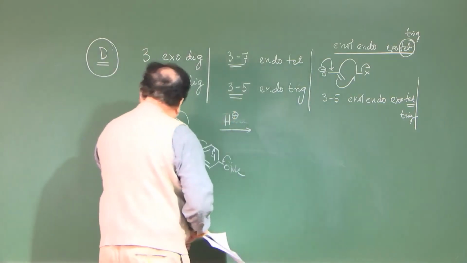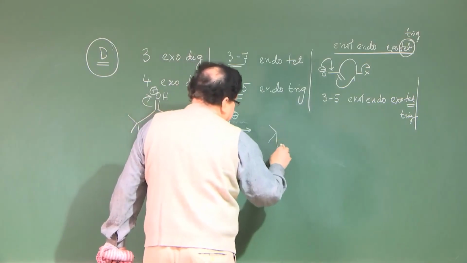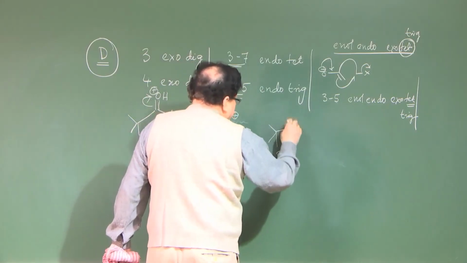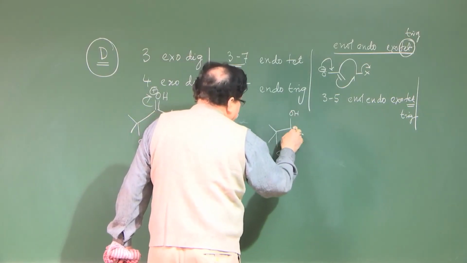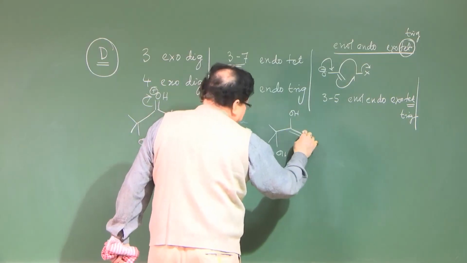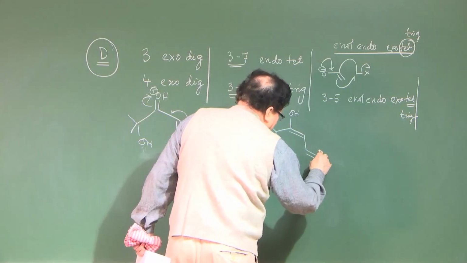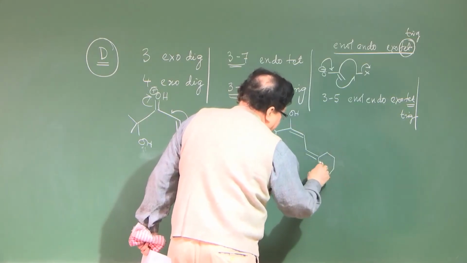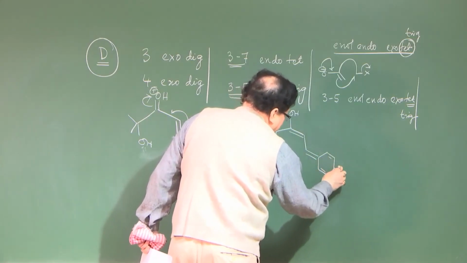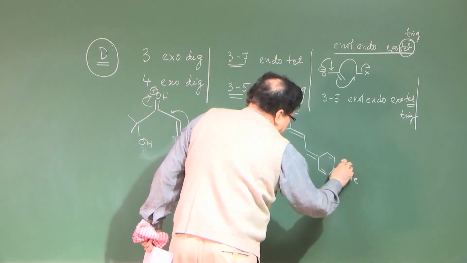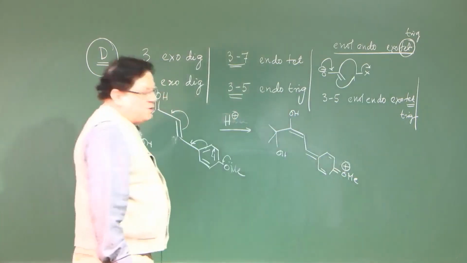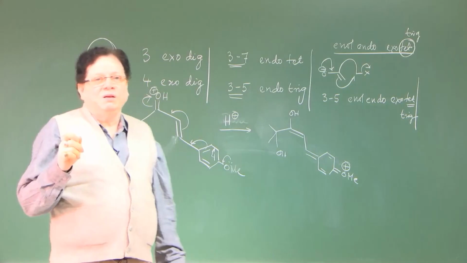Let me try to write that. So, this is OH, this is the other resonance form, double bond, then a double bond, and you have the aromatic ring with OMe plus. This is the other resonating form.